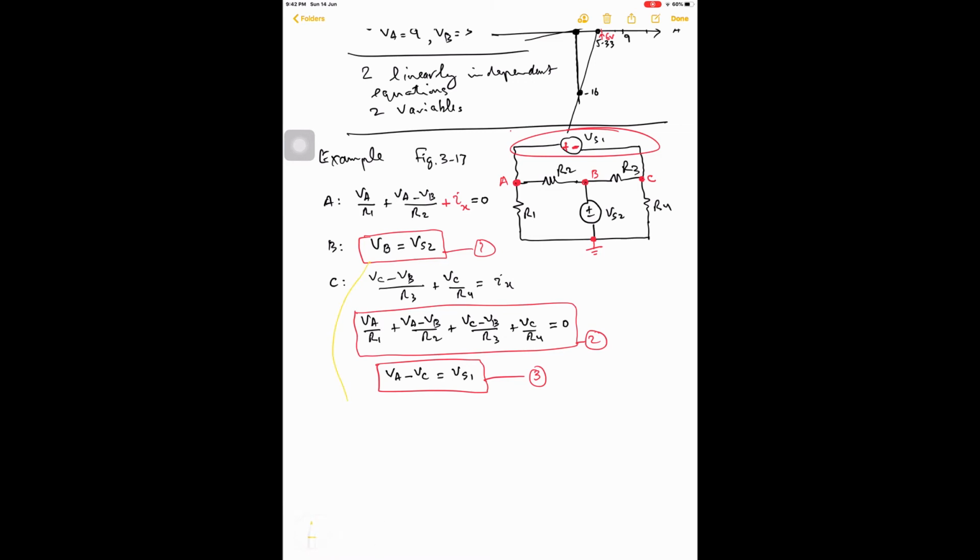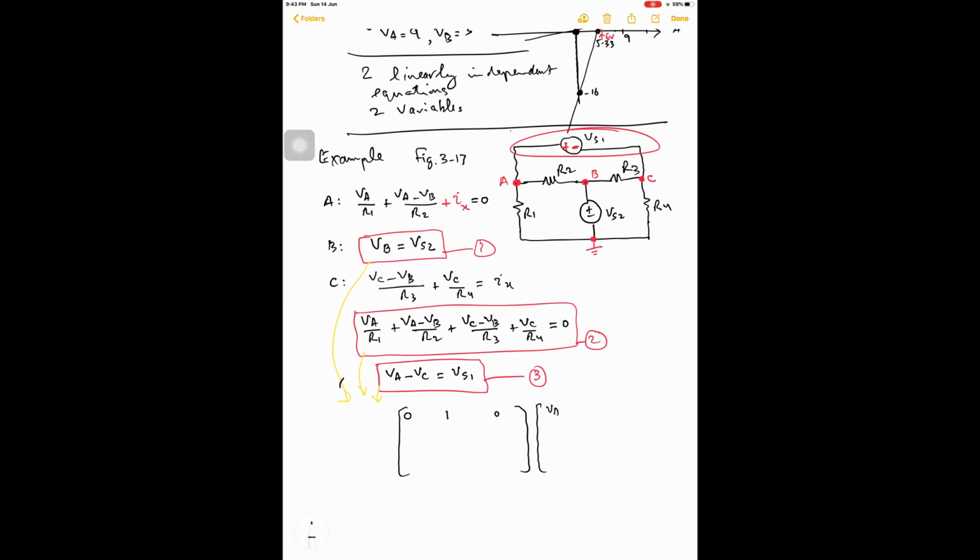Now, over here, all three equations are written in matrix form. Equation 1 has no Va term, only a Vb term, no Vc term, and in matrix form it will be written as over here.